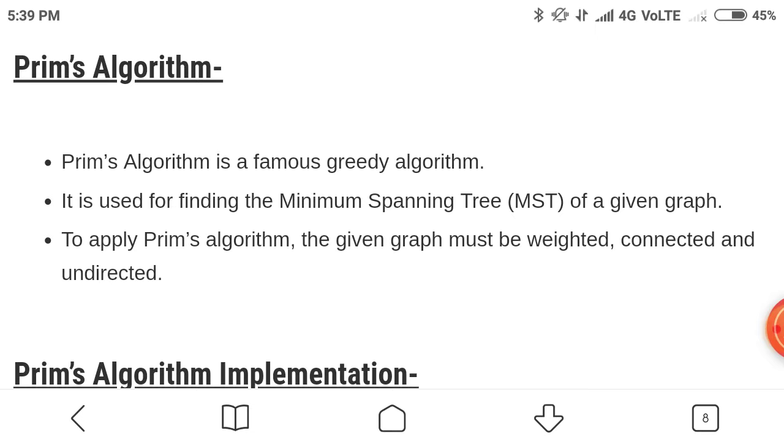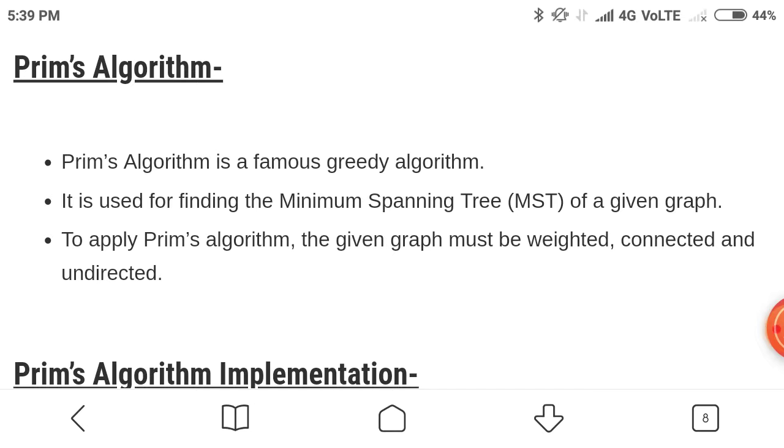Today I am discussing Prim's algorithm. Before going to Prim's algorithm, I want to say one more thing about what we have to do with it. We are finding the minimum spanning tree, that is MST, of a given graph by using Prim's algorithm.